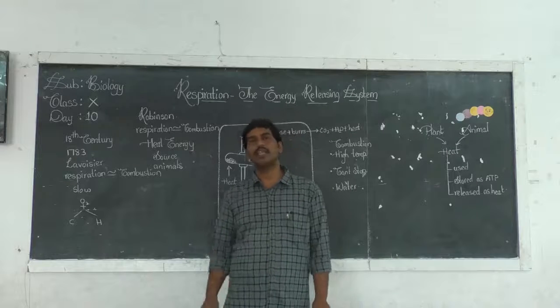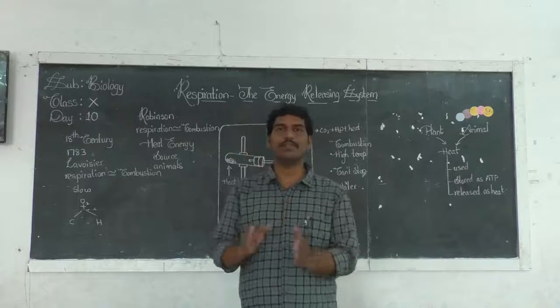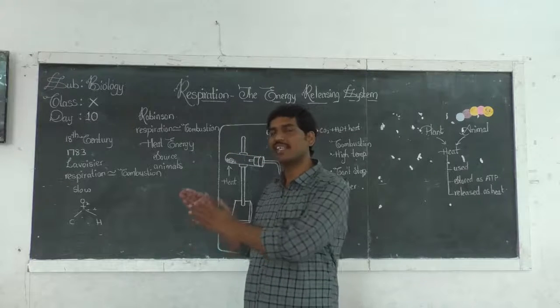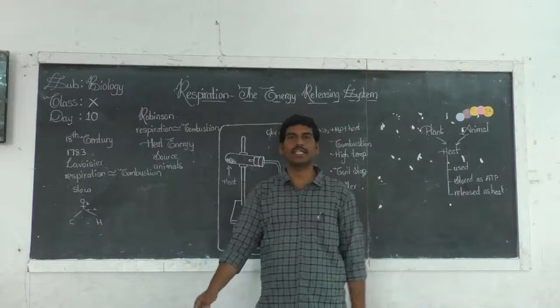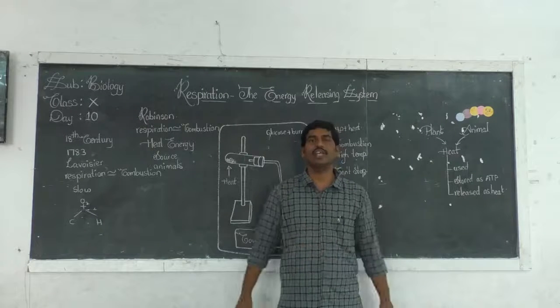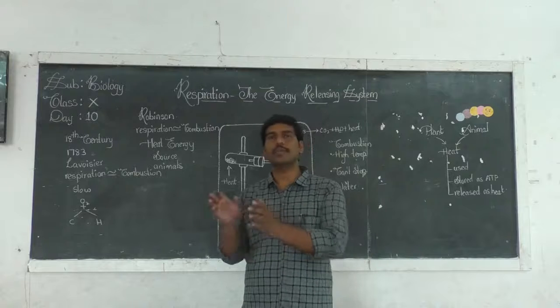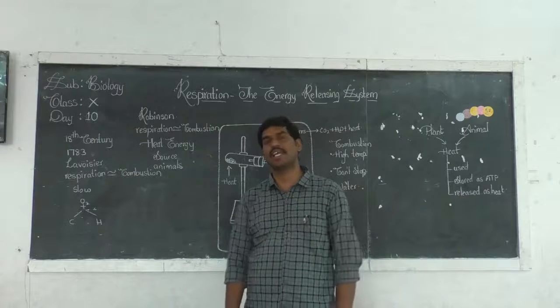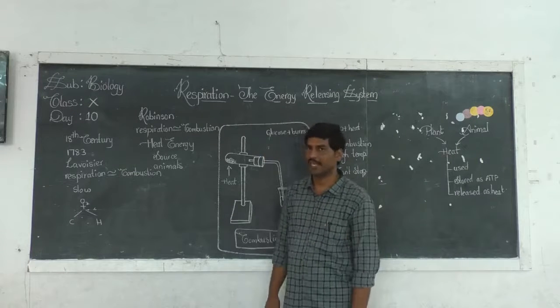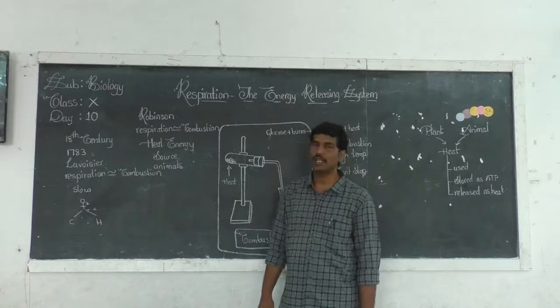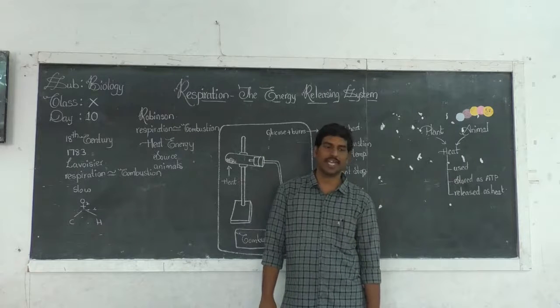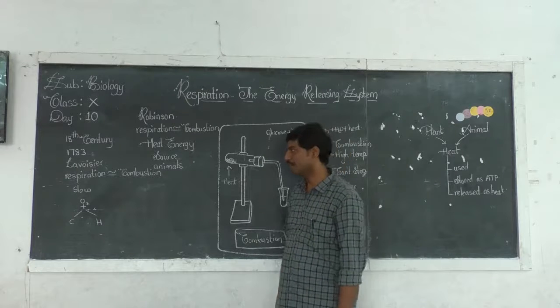The reason is that in combustion, material is burned, and carbon dioxide and energy are liberated. In the same way, in respiration also, glucose is burned, liberating carbon dioxide and energy.